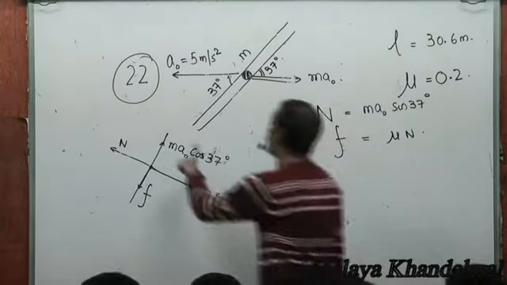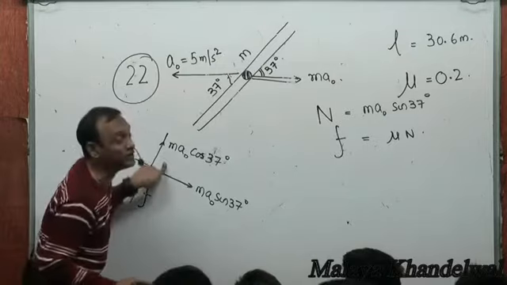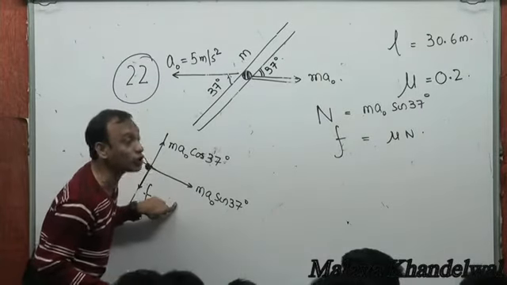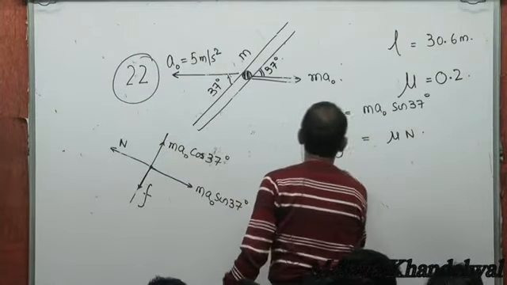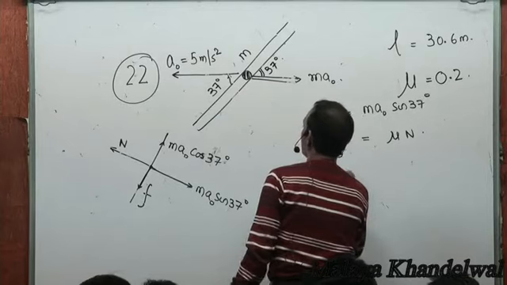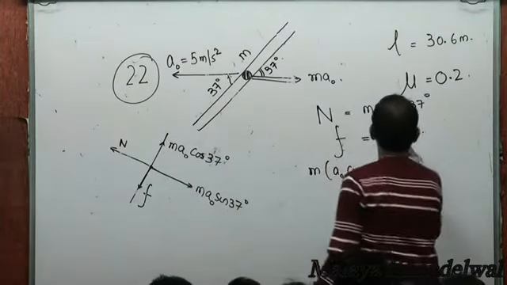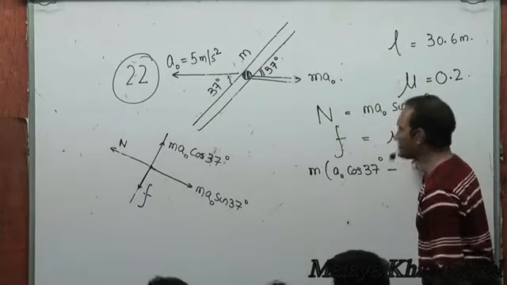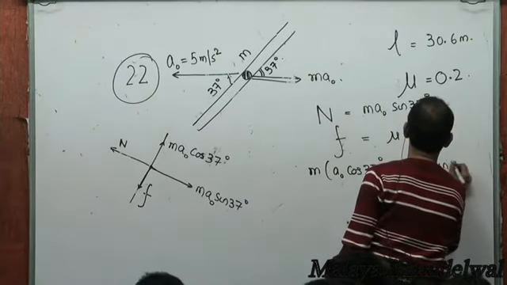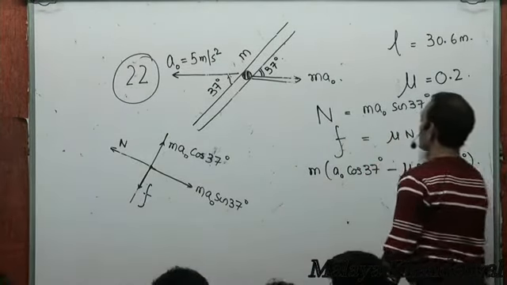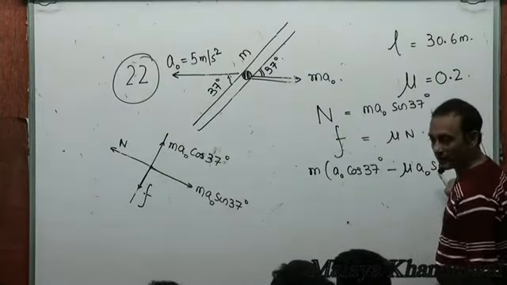Right? So the net force acting along the rod, in a frame of reference attached to the rod. Why in a frame of reference attached to the rod? Because I have incorporated the pseudo force. So the net force along the rod is going to be m a naught cos 37 degrees minus mu N, that is m a naught cos 37 degrees minus mu m a naught sin 37 degrees.